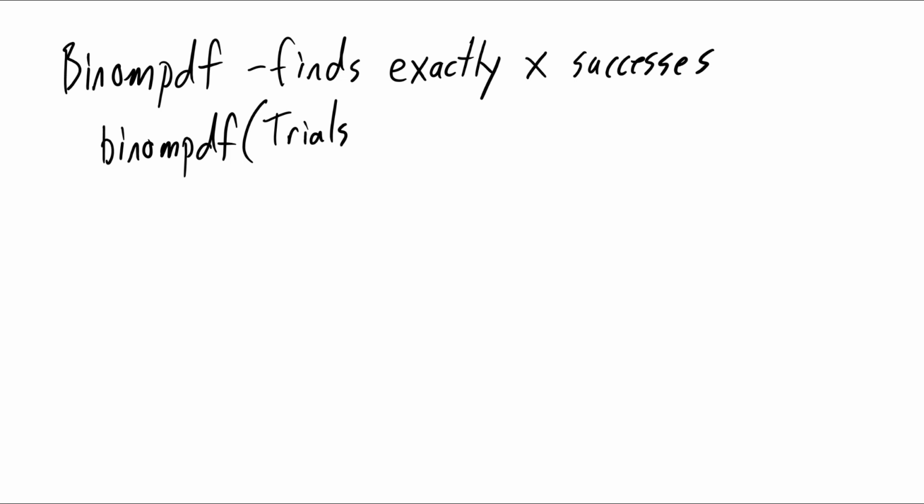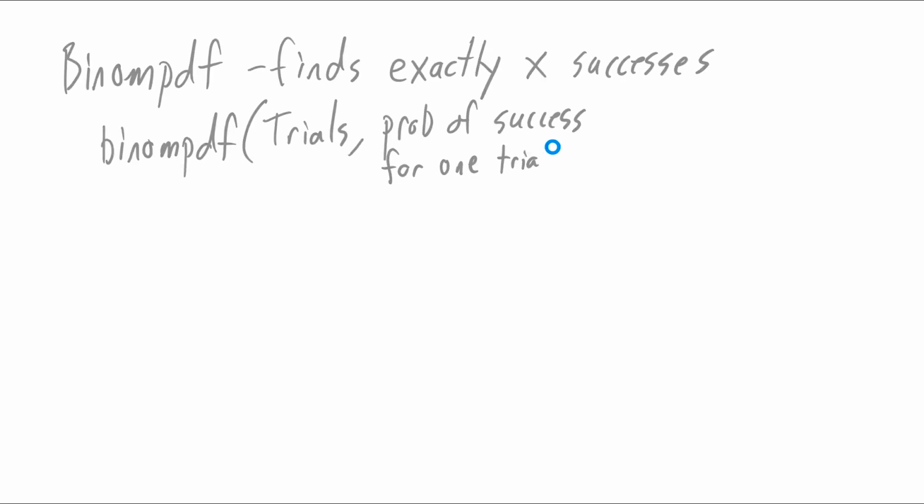So in our example that we're doing right now with tossing the coin 30 times, the number of trials is 30. The second entry is the probability of success. So that is the probability of success for one trial.